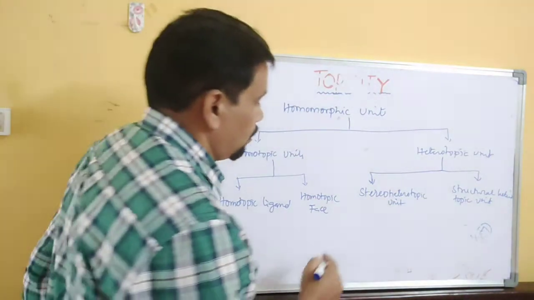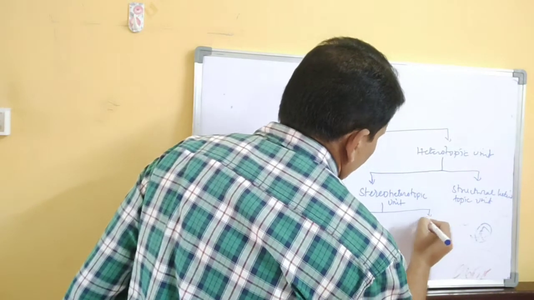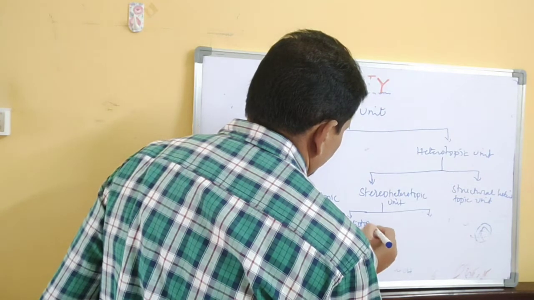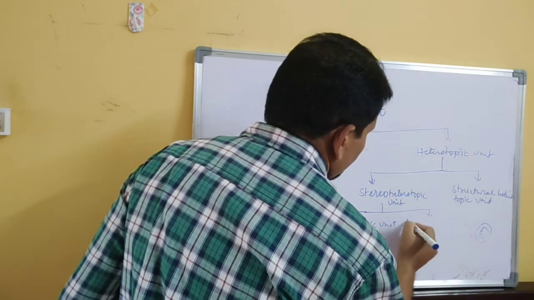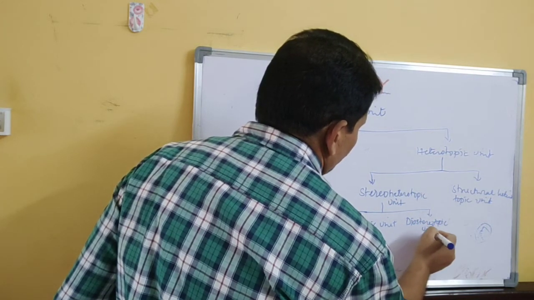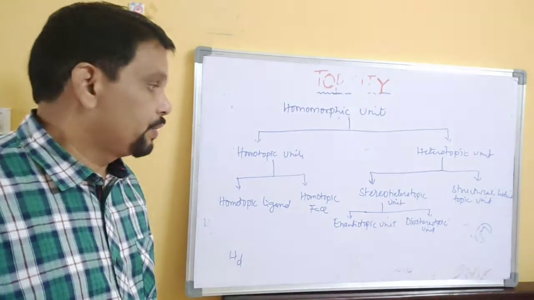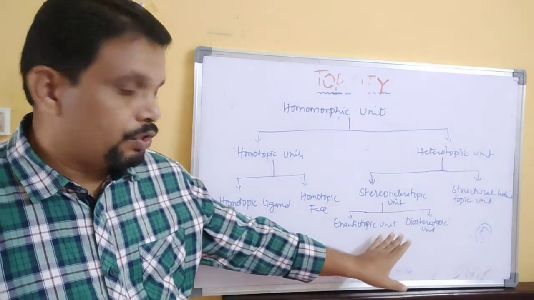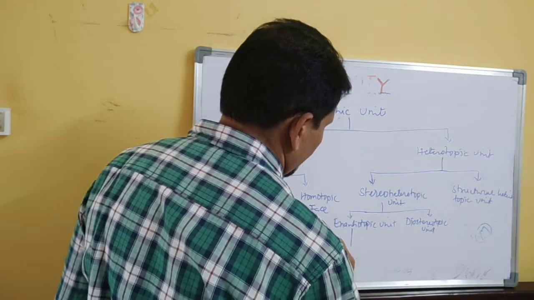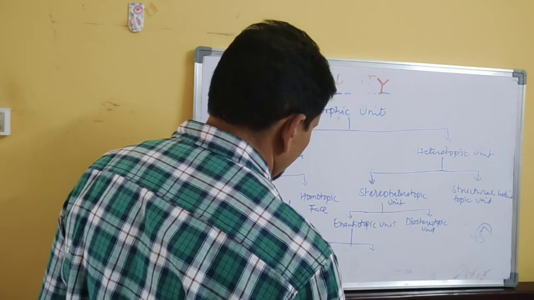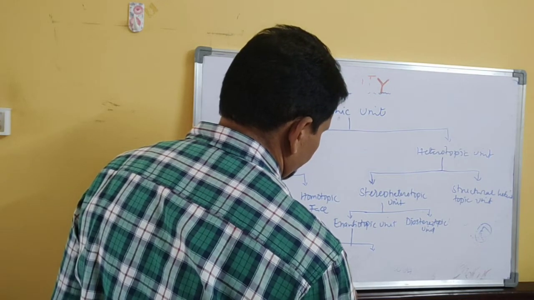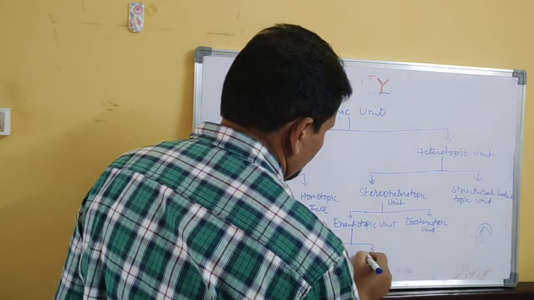Stereoheterotopic units are further classified into enantiotopic units and diastereotopic units. For enantiotopic units, you can understand enantiotopic ligand and enantiotopic phase.